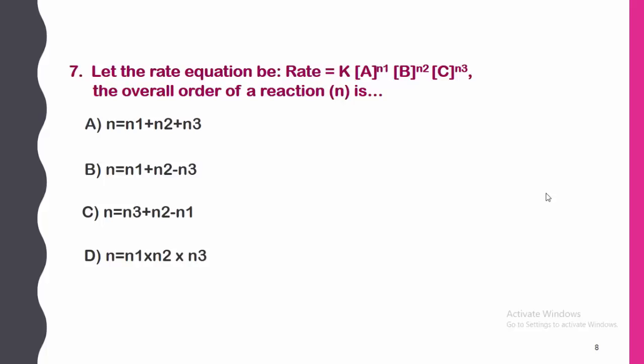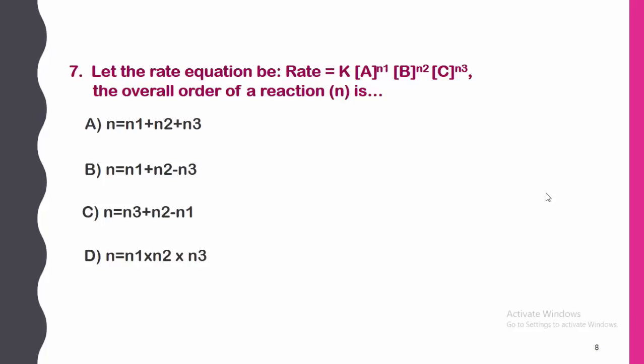The rate equation is already given, for a particular general reaction: rate is equal to rate constant K into molar concentration of A power N1, molar concentration of B power N2, molar concentration of C power N3, where the overall order of reaction N is, options: A, N equal to N1 plus N2 plus N3; B, N equal to N1 plus N2 minus N3; C, N equal to N3 plus N2 minus N1; and D, N equal to N1 into N2 into N3.